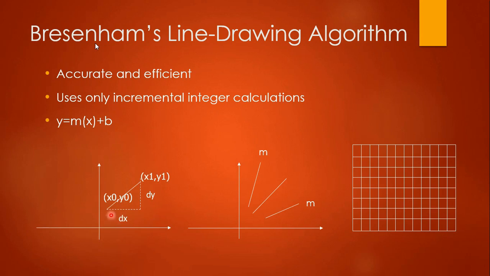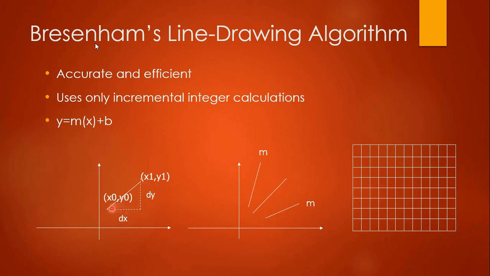Given a line segment with endpoints, one endpoint is x0, y0 and the other endpoint is x1, y1. The line equation is y is equal to mx plus b. What is m? m is the difference in y divided by the difference in x.